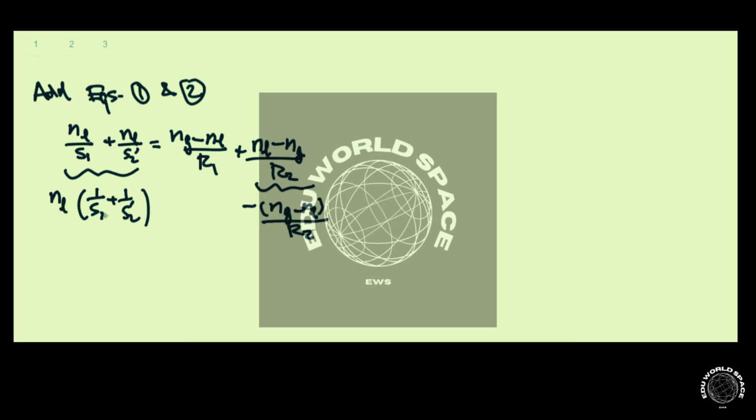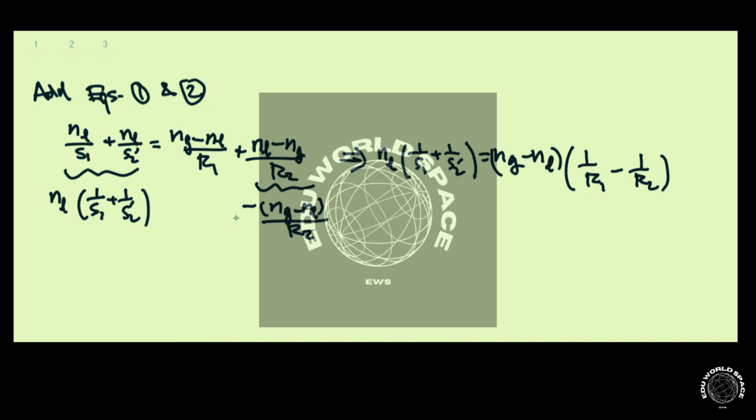And if I do these two things, then this equation becomes NL times 1 over S1 plus 1 over S2 primed is equal to NG minus NL, all of that times 1 over R1 minus 1 over R2. And I get that minus sign because of this minus sign here. When I read it like this, I can factor out NG minus NL, and that leaves me 1 over R1 minus 1 over R2 over here.